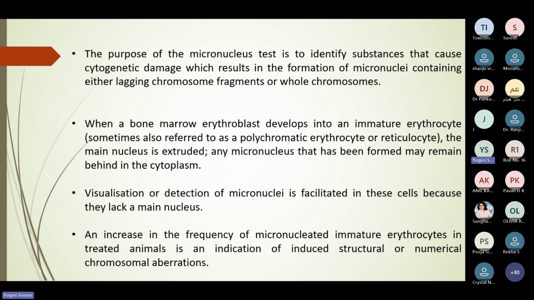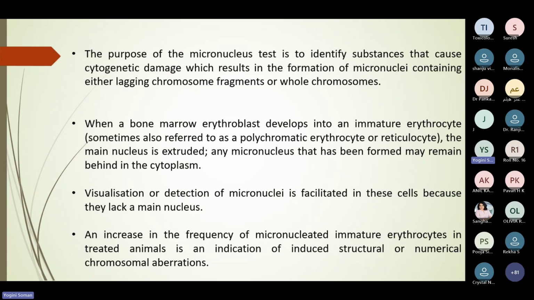So what is the purpose of the micronucleus test? The purpose of this test is to identify the substances that can cause cytogenetic damage, which results in the formation of micronuclei containing either lagging chromosome fragments or whole chromosomes.